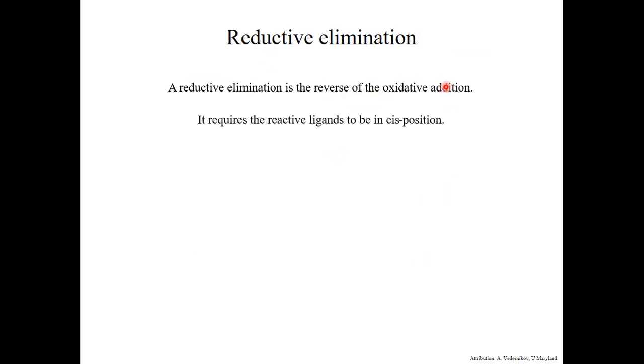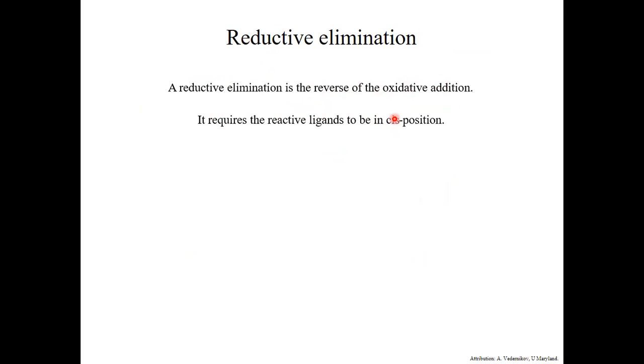Okay, but now let's really go to the reductive eliminations. So the reductive elimination is the reverse of the oxidative addition. So what are examples for that? Well, first of all, this requires the reactive ligands to be in the cis position, because otherwise the reaction is not reversible.